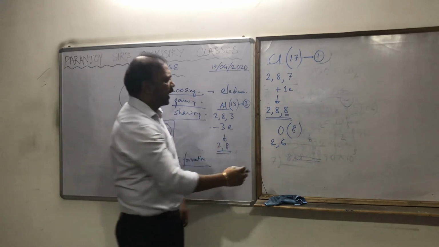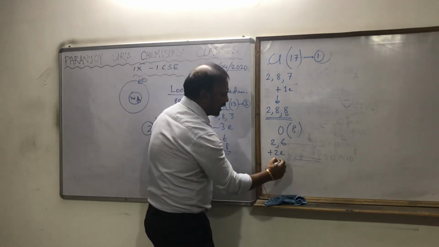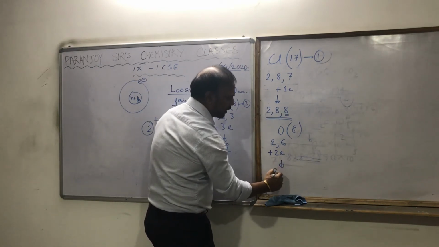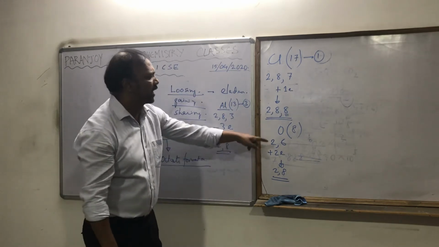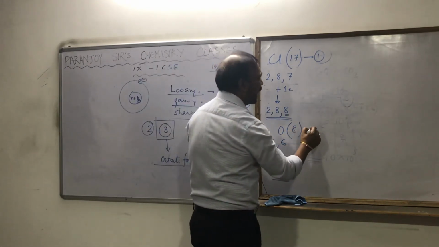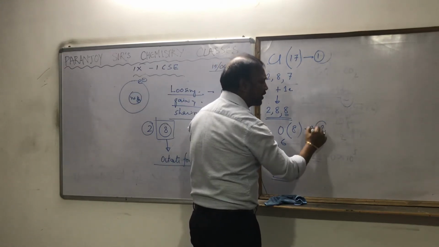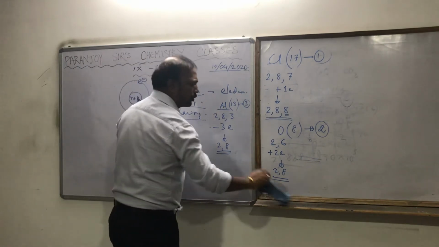So it will try to gain how much? It will try to gain 2 more electrons. If it gains 2 electrons, then it will become what? It will become 2 and 8. Again, getting the stable configuration by gaining 2 electrons. And hence, the valency of this is 2.